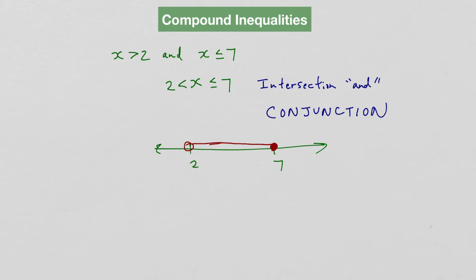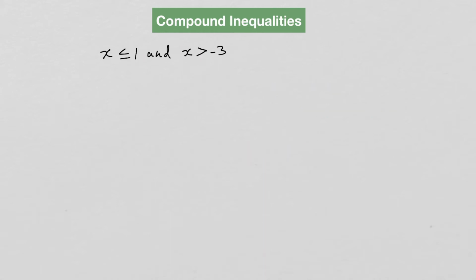Okay, so now that you understand the terms conjunction and disjunction, let's see what happens when we turn a conjunction into a disjunction, as well as turning a disjunction into a conjunction. Okay? If that was confusing, let me show you via a couple examples. Okay, so let's say we have a conjunction right now where x is less than or equal to 1 and x is also greater than -3.